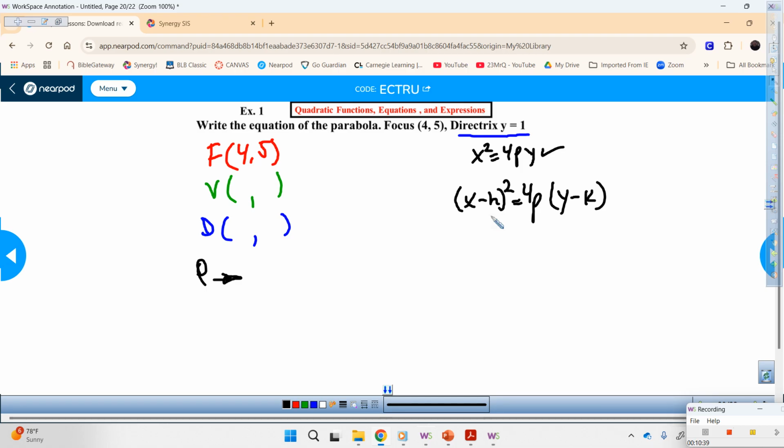So, with that said, look up, please. Notice that the variable with the square is the x. Is that correct? So tell your neighbor what we know, now that we know which variable has a square. What can we do over here?